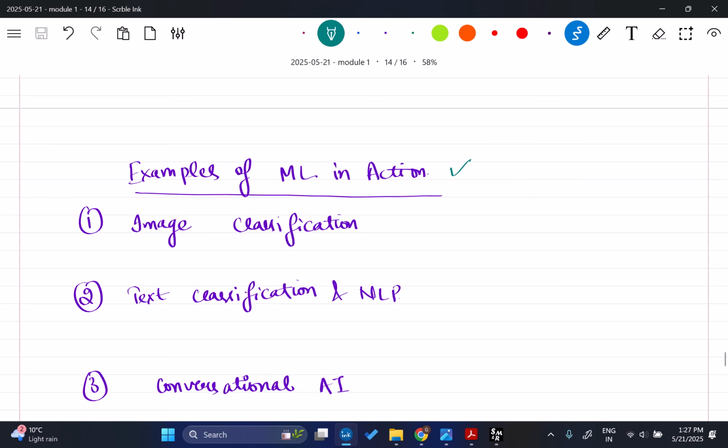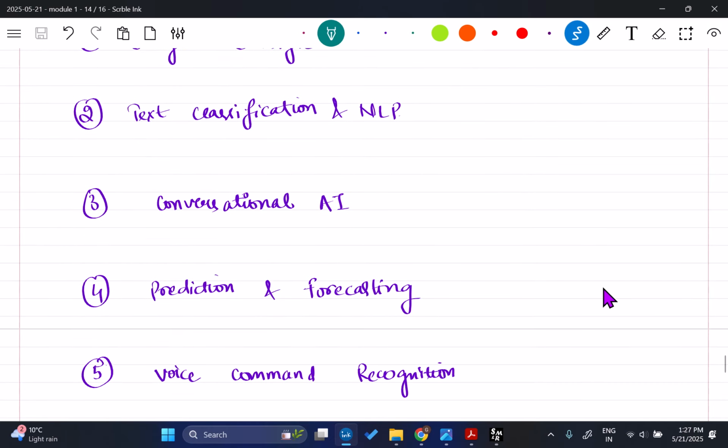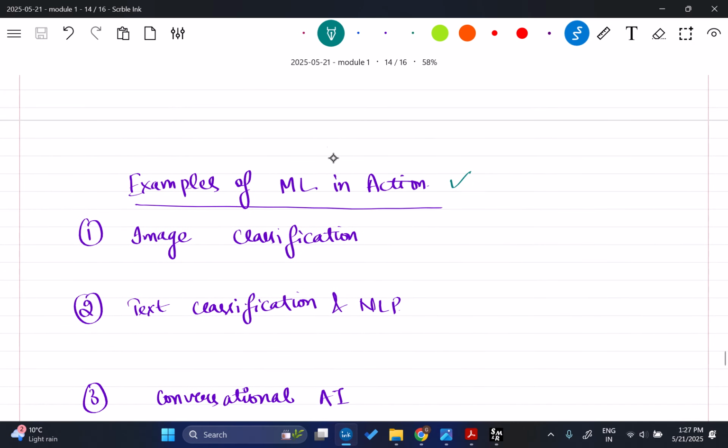So, first of all, this is going to start from the first category, that is image classification. Let's suppose we want to identify some kind of faulty images on the production line of the different products, or identifying tumors in the scans of the humans. So this is how we use ML in image classification.